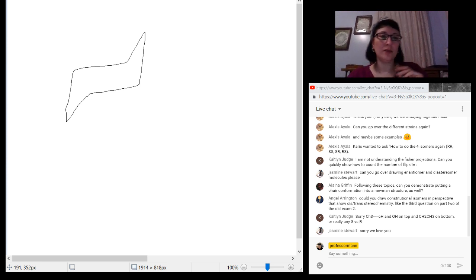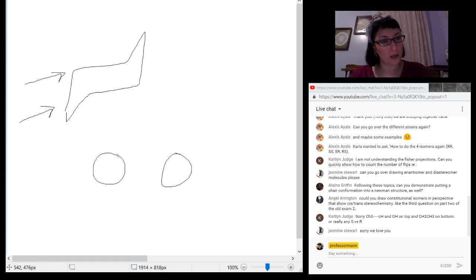So usually when you're looking at a Newman projection of a chair conformation, whatever's on the left-hand side, those are the ones that I'm going to look down. If I want you to look down something else, I'd have to tell you as well. But if you're just trying to generally do a Newman projection, I'm going to draw my little guys there.